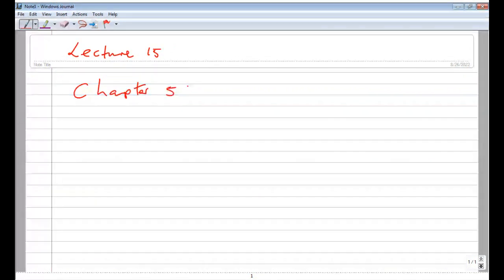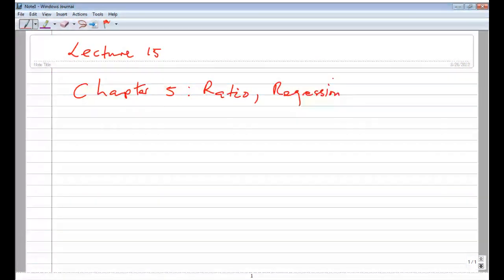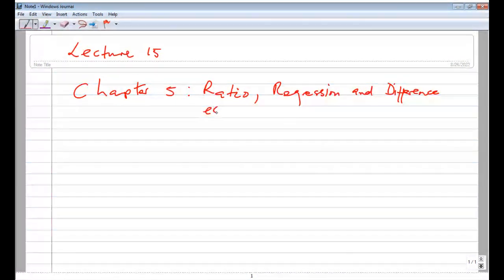Chapter 5 is about estimations. Three estimations. Number 1 is ratio. Number 2 is regression. And the last one is difference estimation.